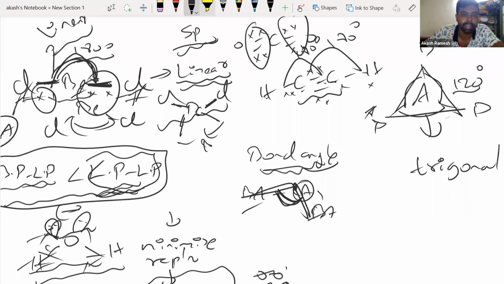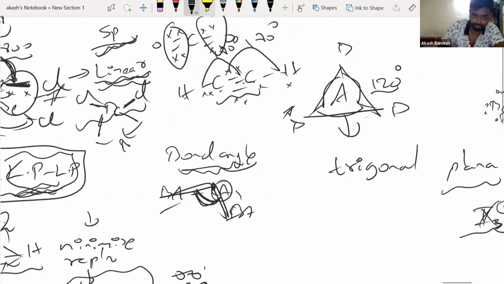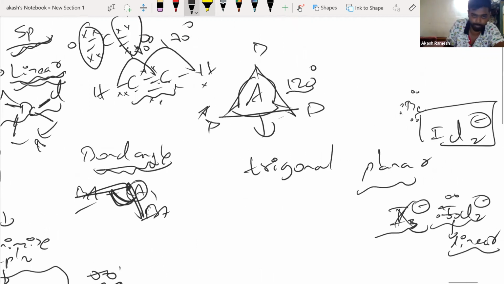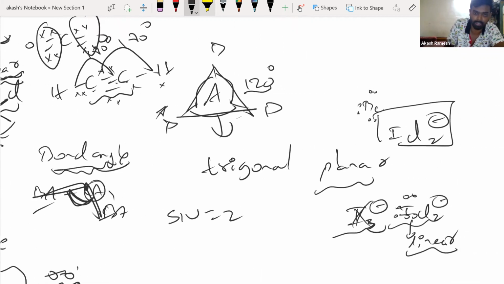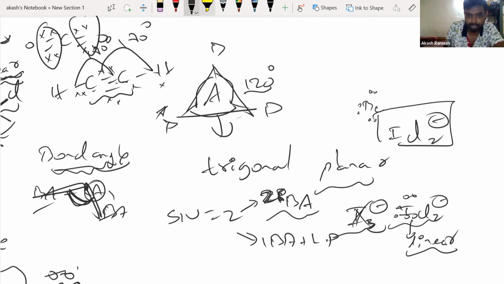So in a linear shape, if I have sp hybridization, the only possibility of the shape is linear. For steric number 2, I can have 2 possibilities. Either I can have 2 bonding atoms, like CO2, beryllium chloride and all that, or I can have 1 bonding atom and 1 lone pair.